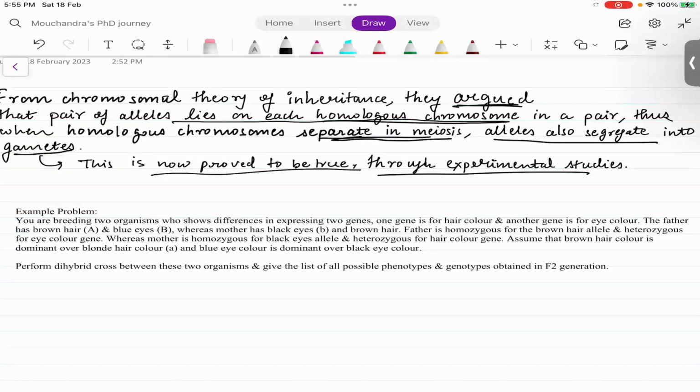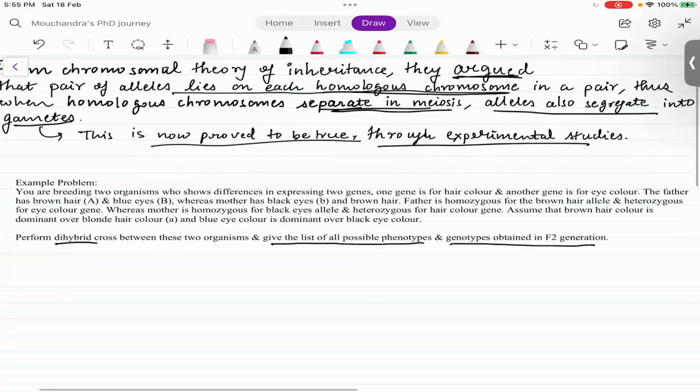Now assume that brown hair color is dominant over blonde hair color, and blue eye color is dominant over black eye color. So we have to perform a dihybrid cross between these two organisms and list all the possible phenotypes and genotypes that we obtain in the F2 generation.